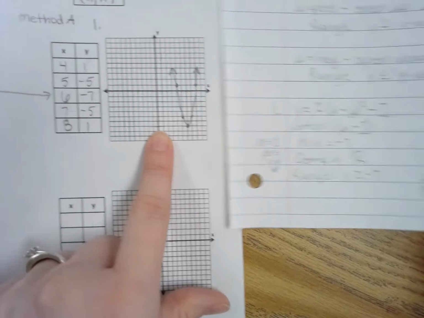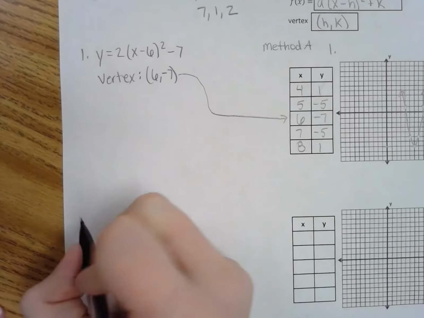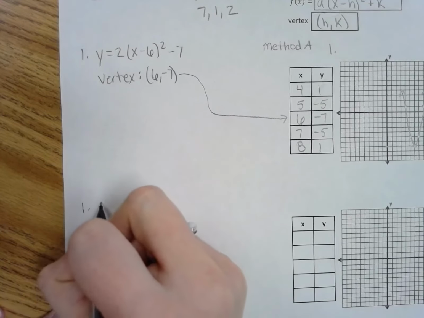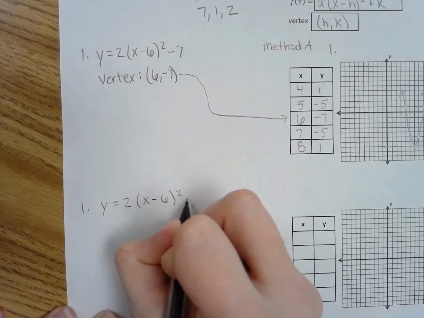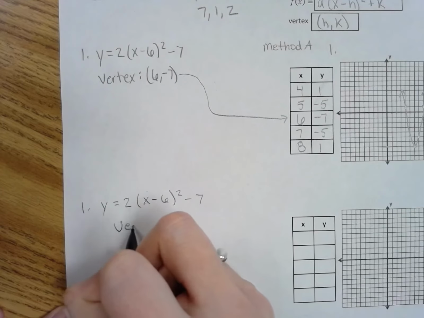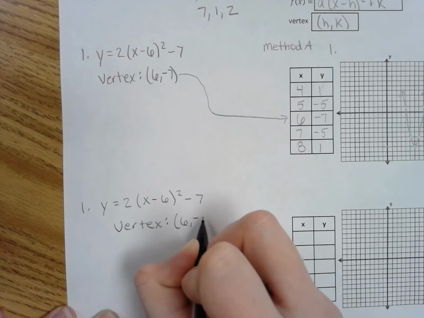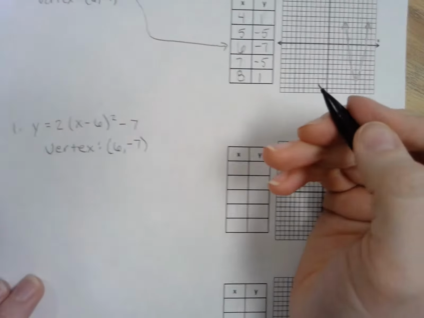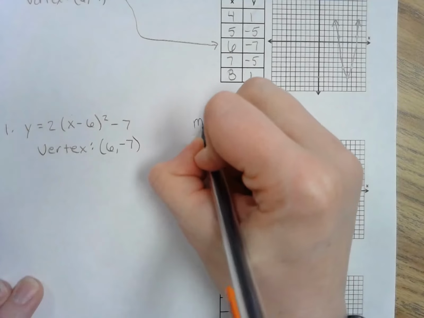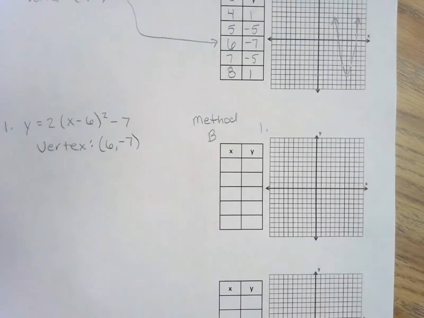So let's look at method B for this same problem. So again, we have y equals 2 times x minus 6, quantity squared minus 7. We named our vertex to be 6, negative 7. So the way this method is different when graphing is because we're not going to talk about graphing from the origin.